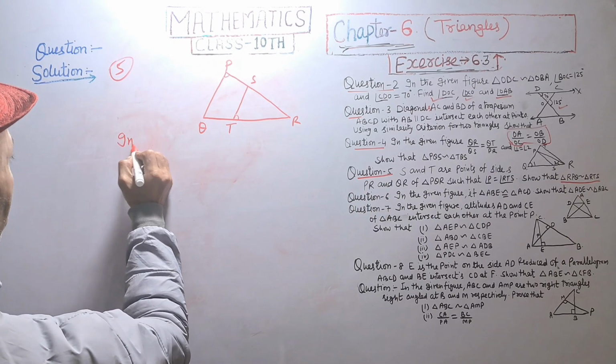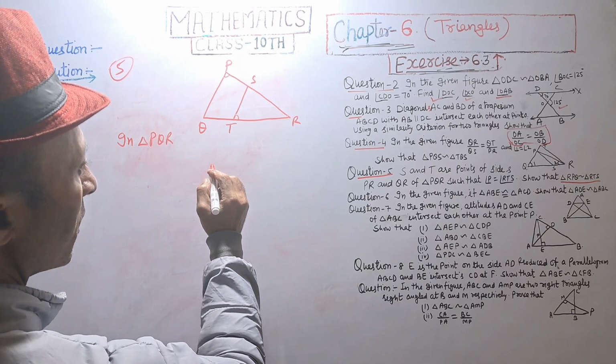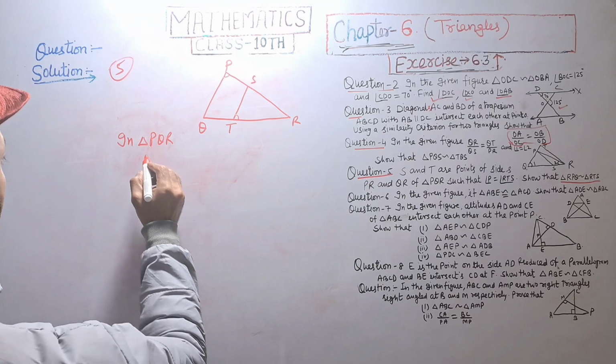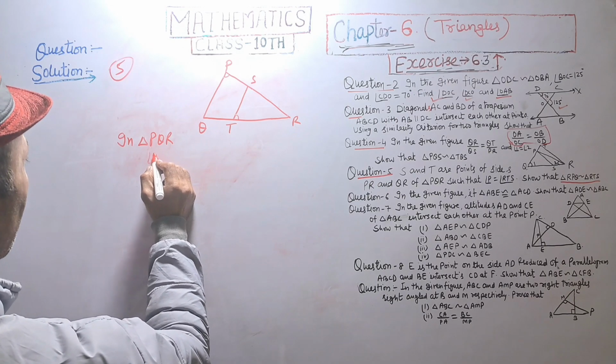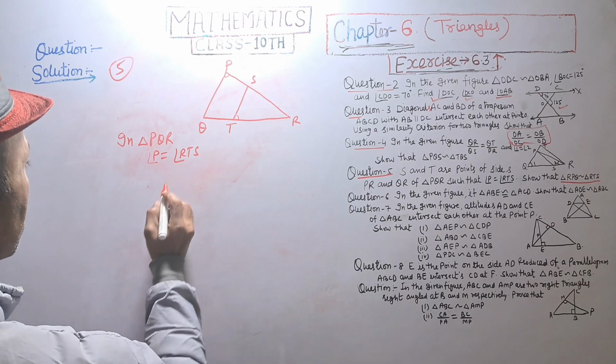In triangle PQR, angle P is equal to angle RTS.